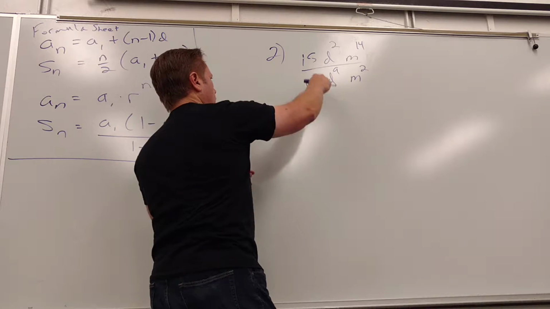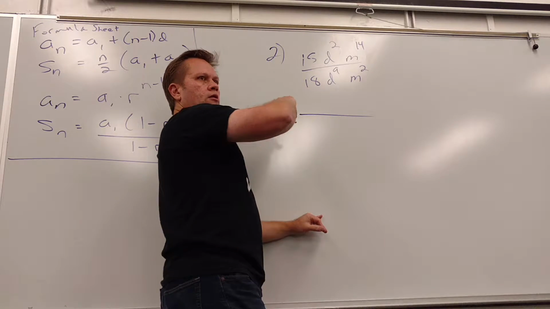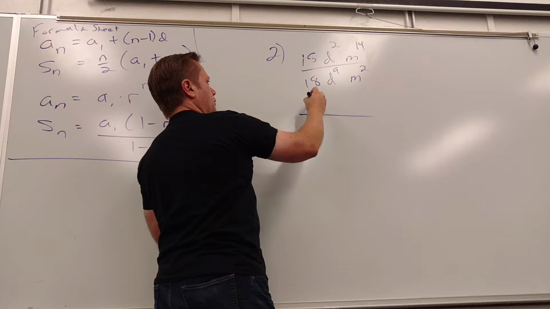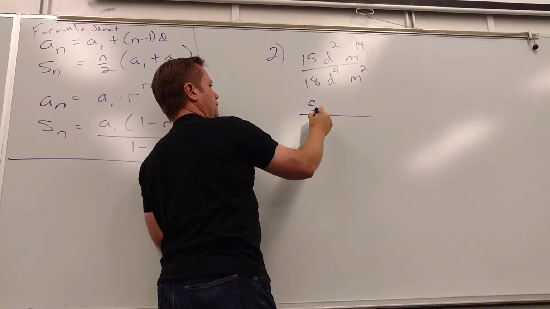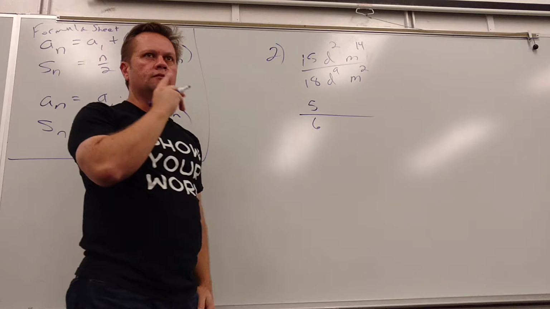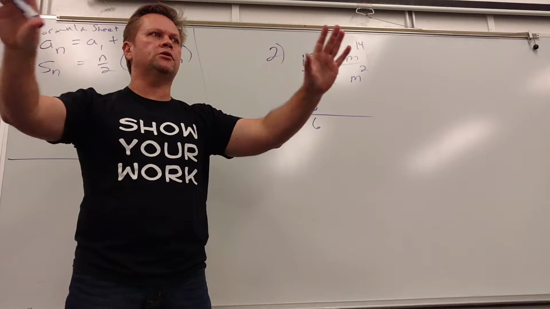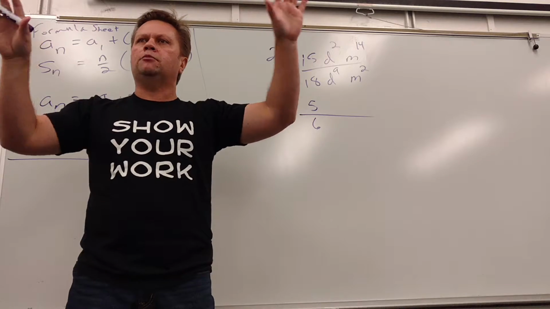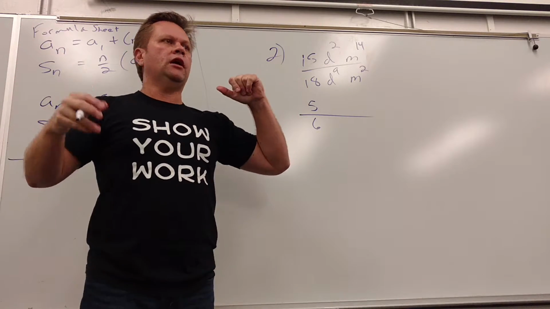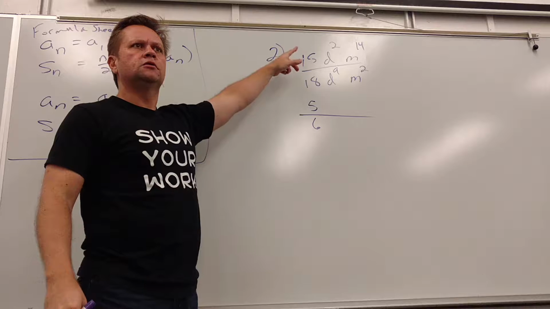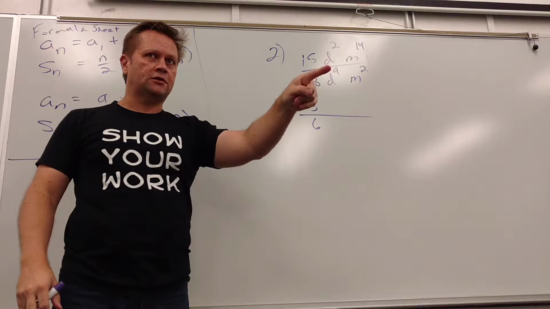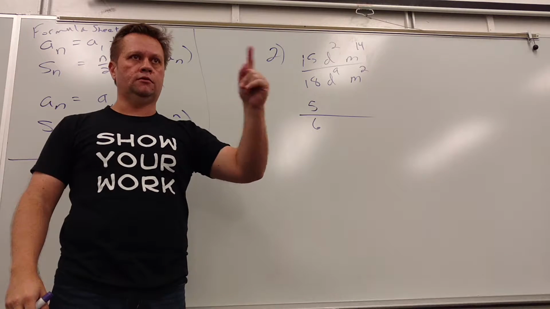So how do you do 15 over 18? Yeah, 3 goes into both: 5 over 6. Now here's how I do the letters. You can use the properties. Obviously the properties are true, but I don't like to bring negatives in when I don't have to. How many D's cancel? 2. How many are left? 7.